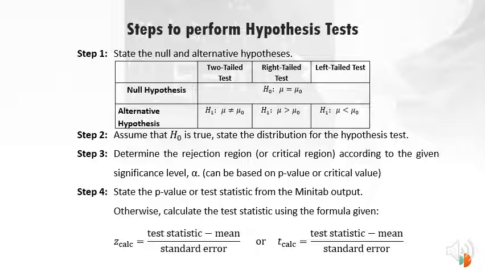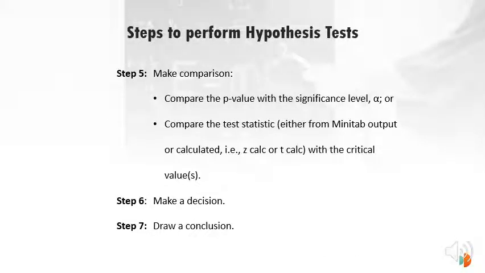If you were to use a Z-test, then the formula is test statistic minus mean divided by standard error. And if we were to use the T-test, then the calculation value would be test statistic minus mean divided by standard error. Step 5 is where we make the comparison.